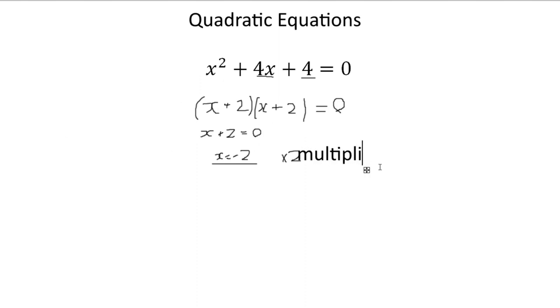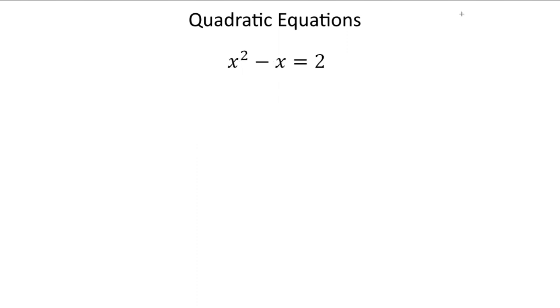This is known as multiplicity. So this basically means that x equals minus 2 appears twice in both of them here. That's literally what it means. It's a more formal way of saying that it appears twice. So it's just to say that there's still two solutions, but we're not actually going to say there's two solutions. Simply put though, x equal to minus 2. That's the solution for this quadratic equation.